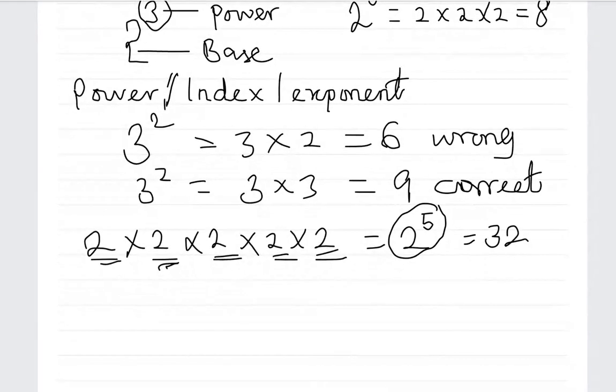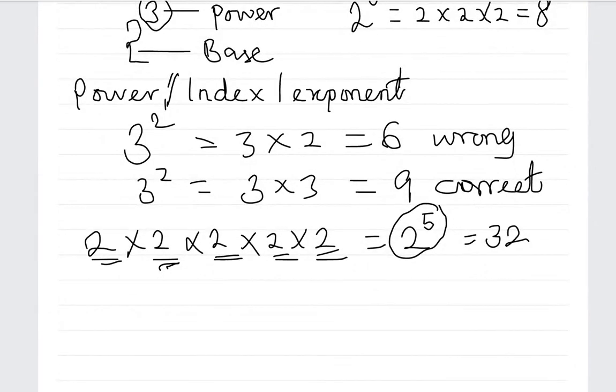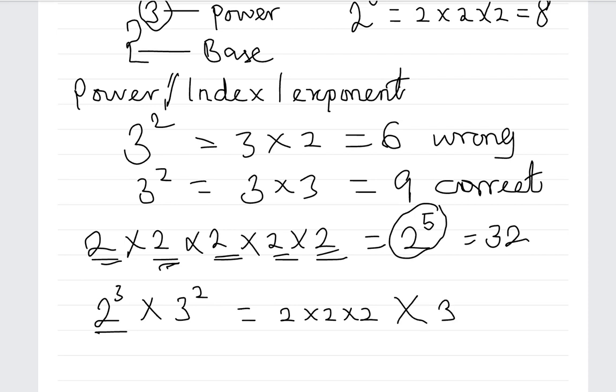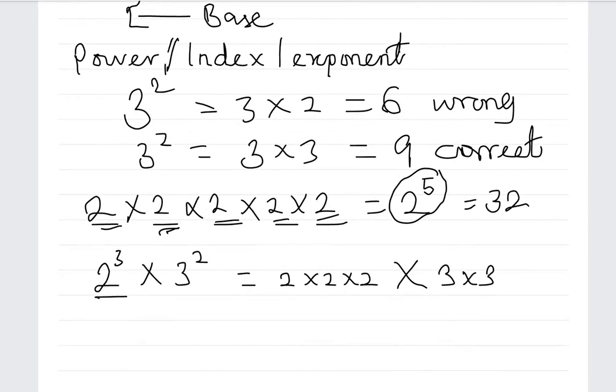Now let's see some other expression. What if I have something like 2 raised to the power of 3 times 3 raised to the power of 2. Now this is where it gets interesting. So here you would have to express this as 2 times 2 times 2, then the multiplication sign, then 3 times 3. Do you get that now? That is how we express numbers in terms of indices.